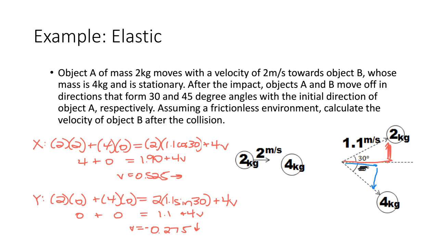So that means that if we are looking at our total velocity of this guy right here, that this guy's total velocity should be 0.525 to the right and 0.275 down, which gives us a total velocity of 0.592. Nice work, guys.